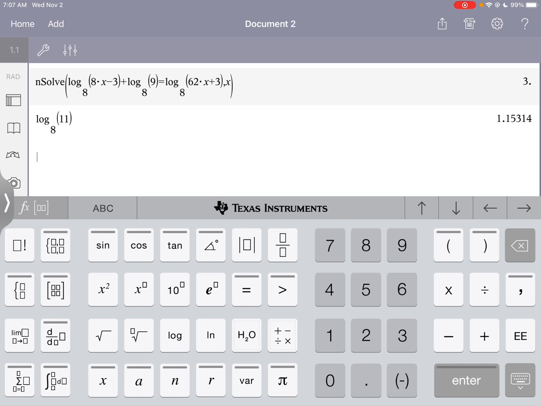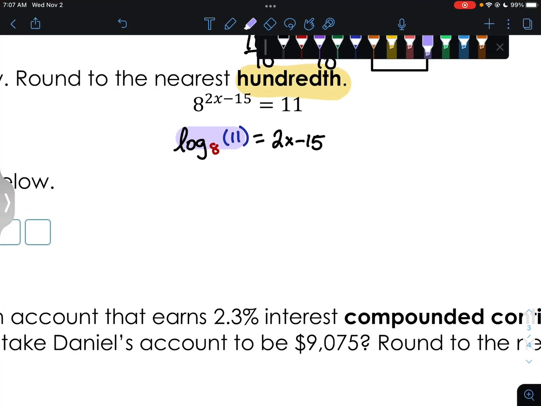So that is what I'm going to write down. Equals 2x minus 15. I add 15 to both sides.